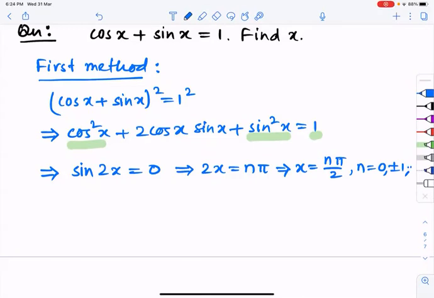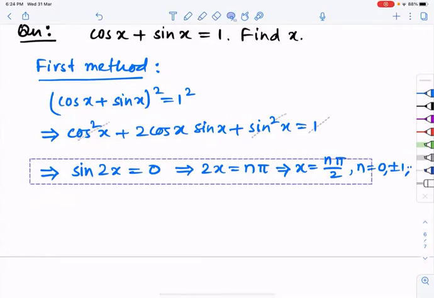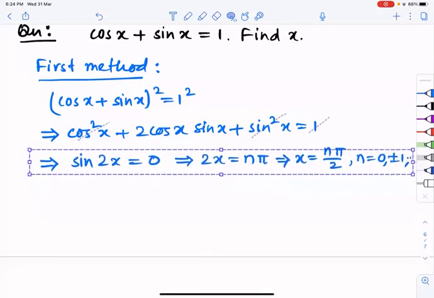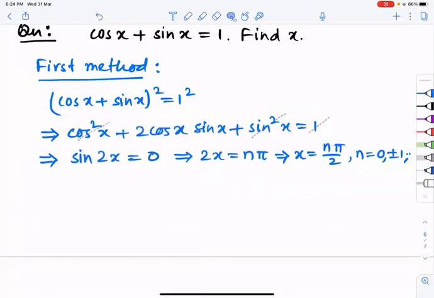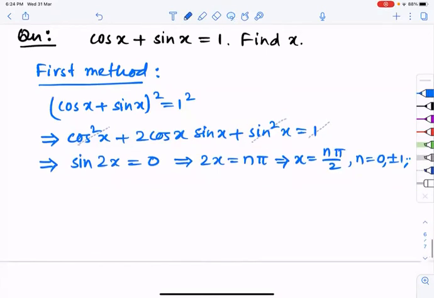Now let us check. Let me cancel this 1 from sin square cos square from both sides, and whatever we have got here is the solution of this one. Let us now think something here.